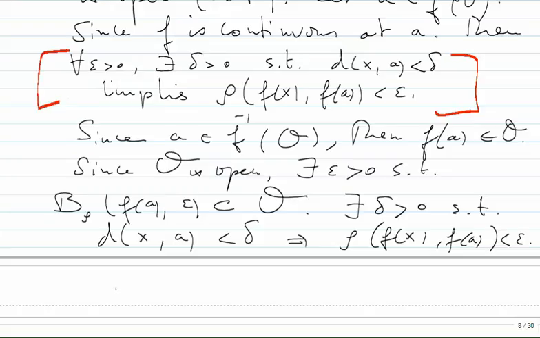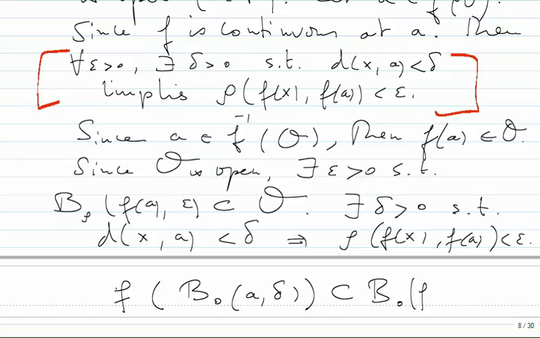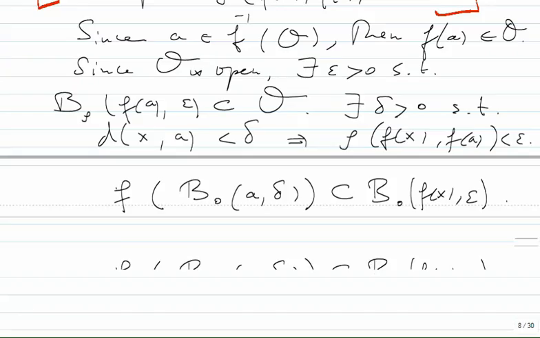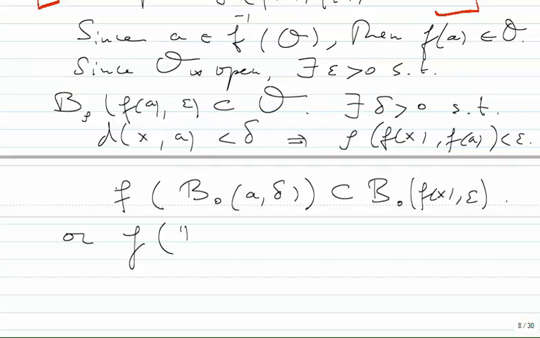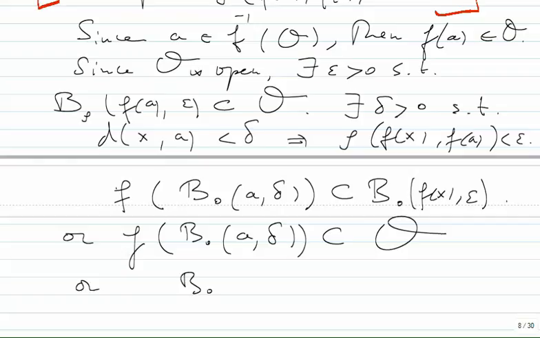It means that the image of the open ball centered at a with radius delta is in the open ball centered at f of a with radius epsilon, which is inside O. Equivalently, the open ball is in f inverse of O. So f inverse of O has a as an interior point.